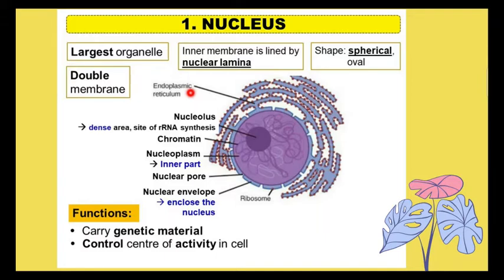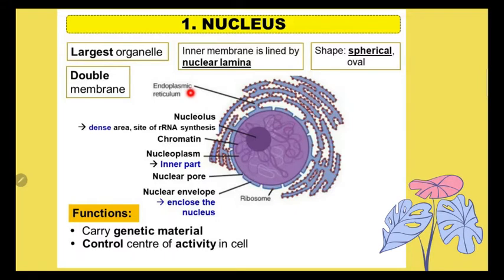So what is the nucleus? The nucleus is the largest organelle in the eukaryotic cell. The inner membrane is lined by the nuclear lamina. So where is the inner membrane? Where is the nuclear lamina? This is the nuclear lamina, the inner membrane.